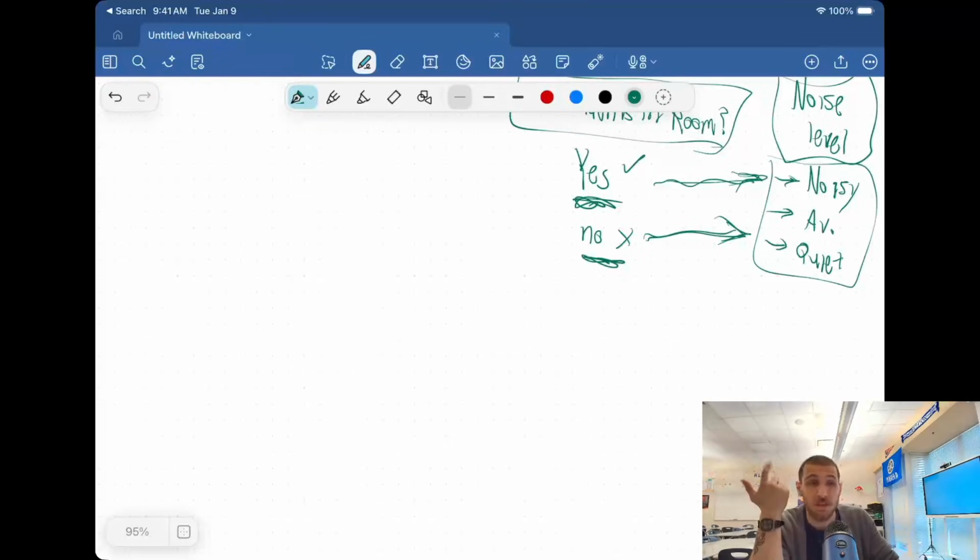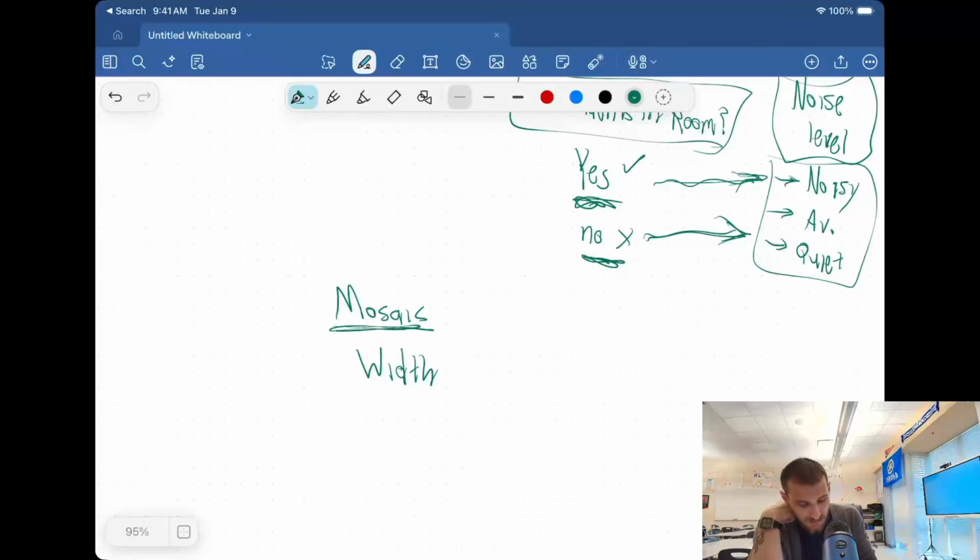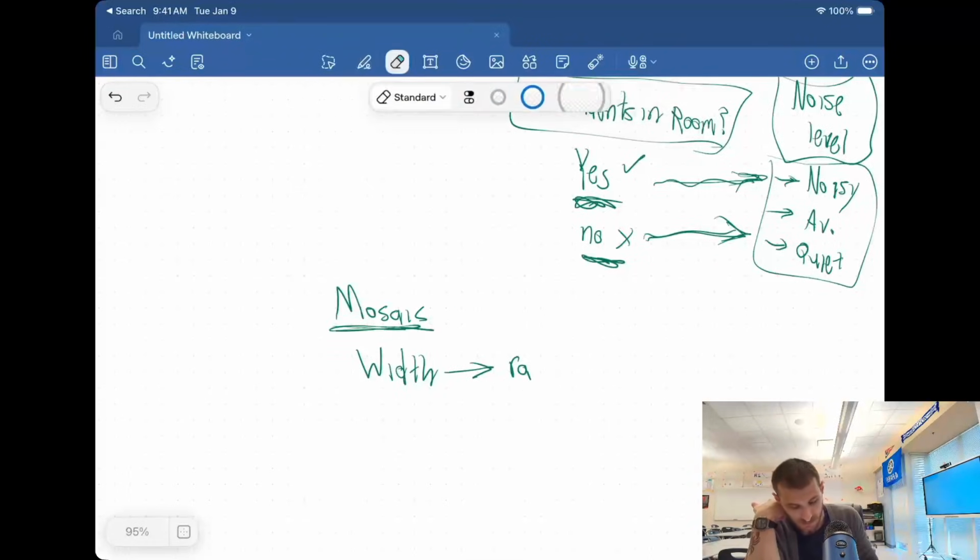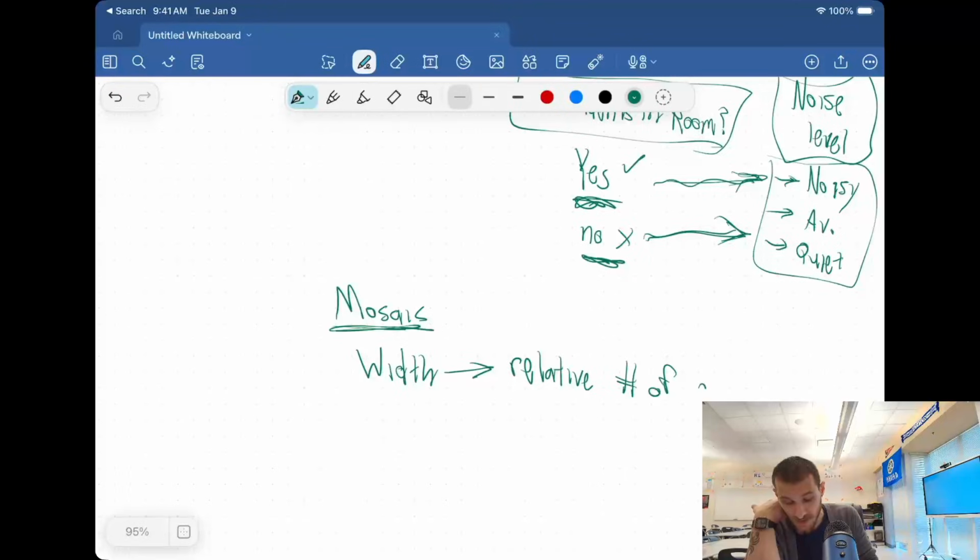The one way that a mosaic plot differs, though, from its segmented bar graph compatriot is you'll notice the width of the mosaic plot. And what we notice is the width for mosaic plots represents relative number of people of people surveyed.